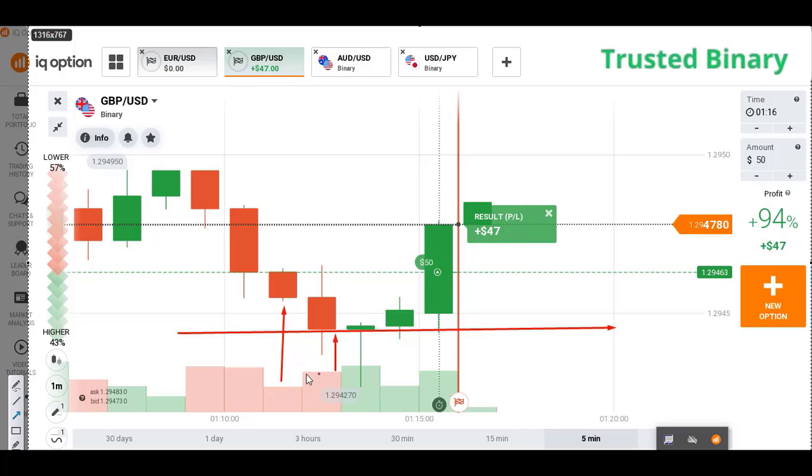After that, the candle strongly went down and again went up and made a bullish candle. These wicks confirmed to me the market obviously goes up, because this is a strong rejection from buyers and the volume also increased here. And after that, this is a spinning top candle.